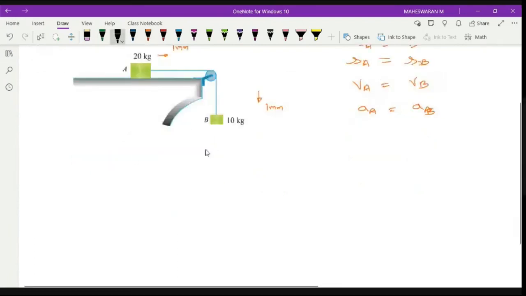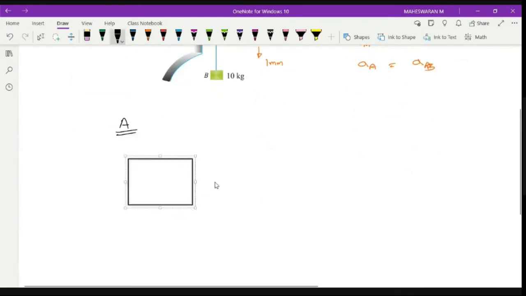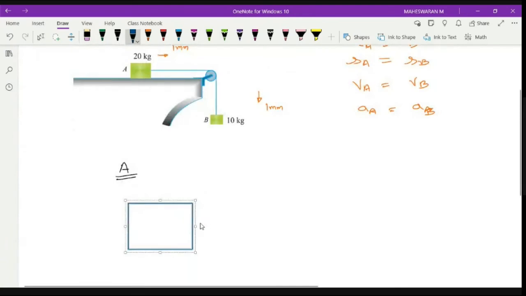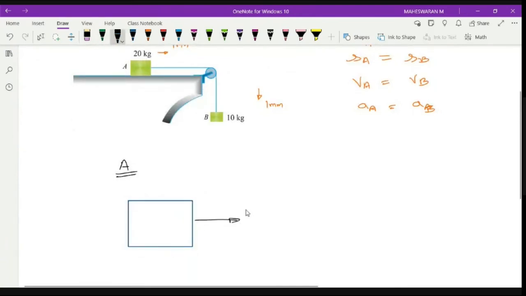Okay. So when we consider block A, the rectangular block, and if I consider the forces, you have a tensile force here, right? TAB. And weight is acting here, which is 20 kg, so 20 into 9.81, I think 196.2 Newton, right? And you have the reaction, which is RA.